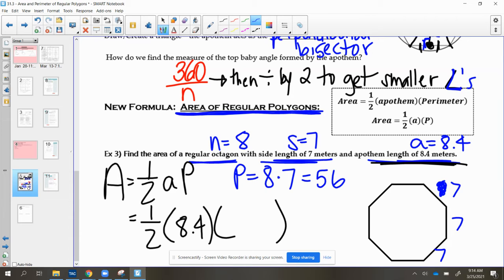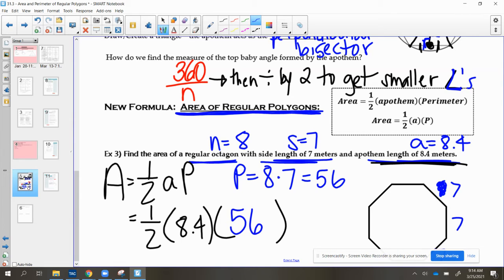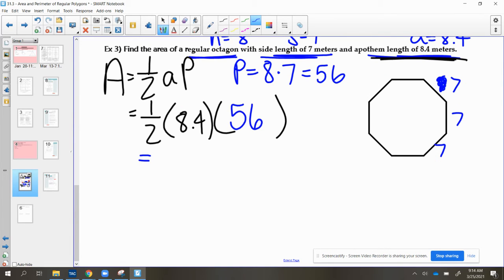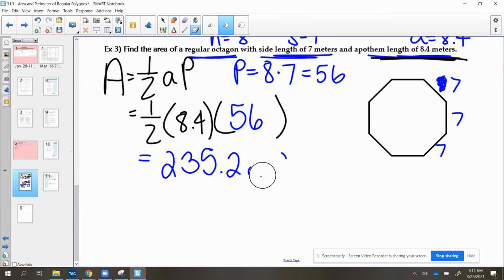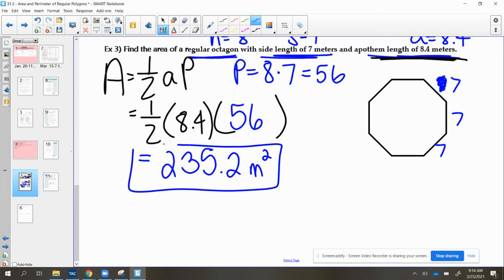Okay. So plug that in, and then we have our final answer here. If we take 1/2 times 8.4 times 56, we get a total of 235.2 meters this time. Meters was our length. Okay, let's try another one.